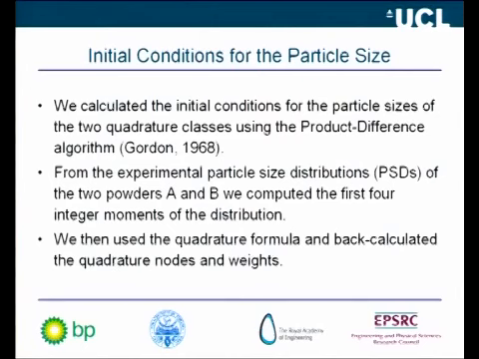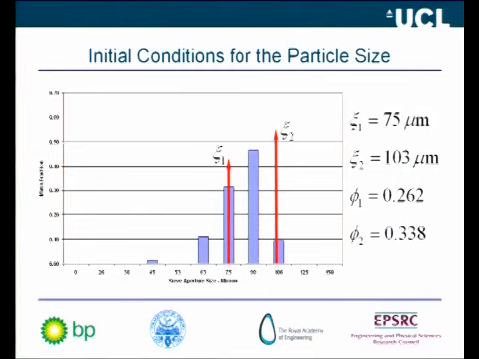Since we are using just 2 quadrature classes, we have 2 weights and 2 nodes, so we have 4 unknowns, and we need 4 moments. We calculated the first 4 integer moments of the distribution, and from these moments we back calculated the weights and the nodes of the quadrature using the Gordon algorithm.